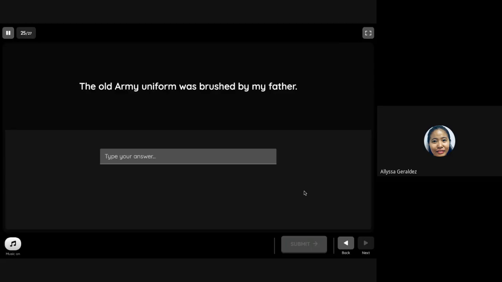How about this one? The old army uniform was brushed by my father. Okay, since it's passive because of the by phrase, we have to change it into active. So, my father. Look for the verb. The main verb, brushed, is in the past tense because we're given a clue, was, and that falls in the past tense.